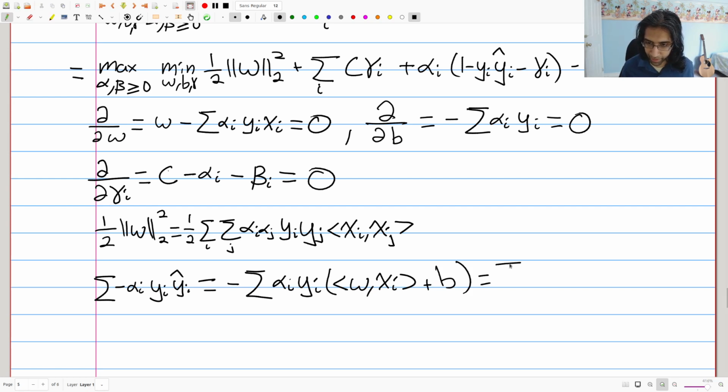This can be rewritten as minus summation of alpha I yi inner product of w comma xi, plus summation of alpha I yi times b. Sorry, this is getting a bit cramped here. Let me write it on this next line, actually.